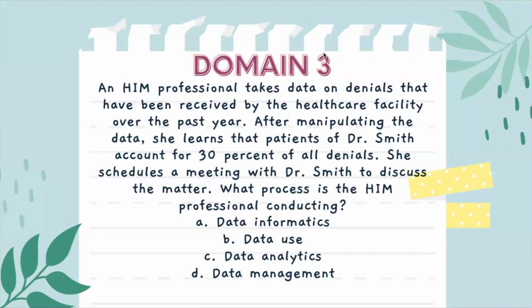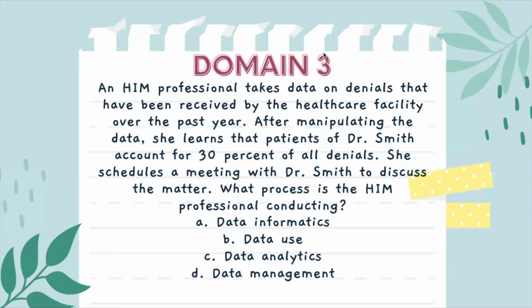Dr. Smith's patients account for 30% of all the denials being seen. So the HIM professional is looking at that data, doing a deep dive, and figures out that 30% of the denials are coming from Dr. Smith. There's a trend that the HIM professional has discovered.